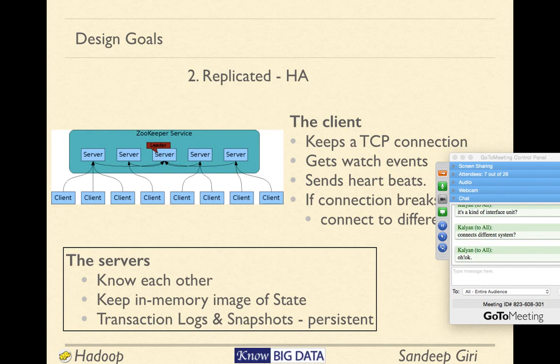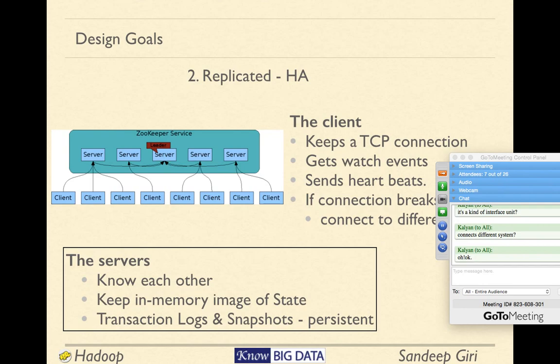We call that the leader, specifically in terms of ZooKeeper. So all the write requests go to the leader, all the read requests go to the followers, and the election of the master is done by all the nodes together.